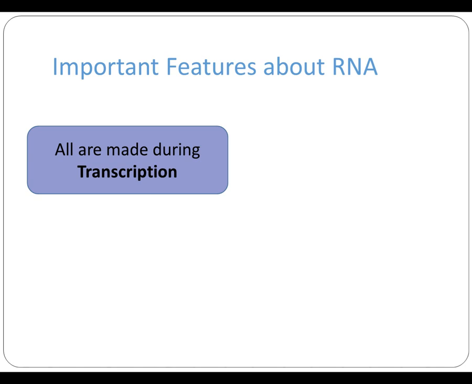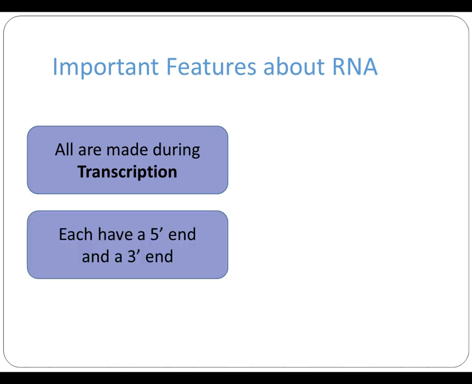It's really, really important for the production of a protein. So all of our RNA molecules are manufactured during transcription, which happens where? In the nucleus. Good. All of our RNA molecules, whether ribosomal, messenger, or transfer, they all have a 5' and a 3' end.